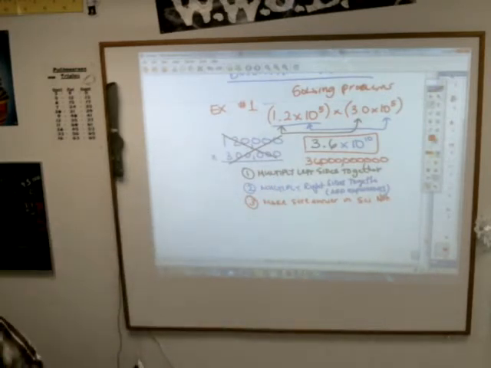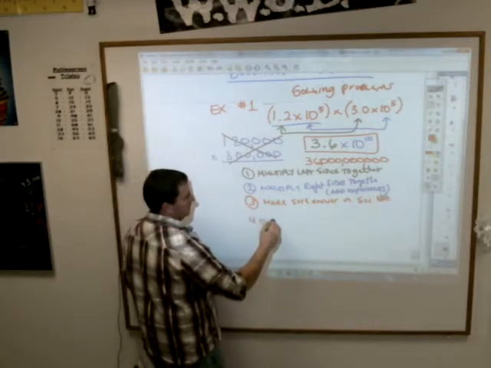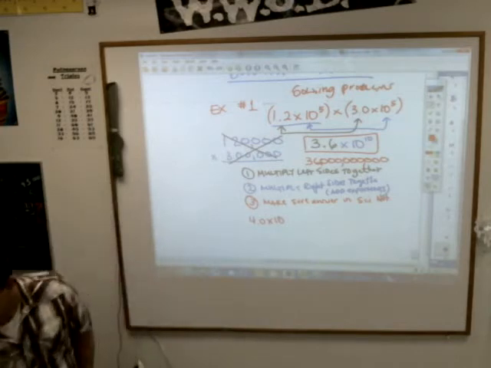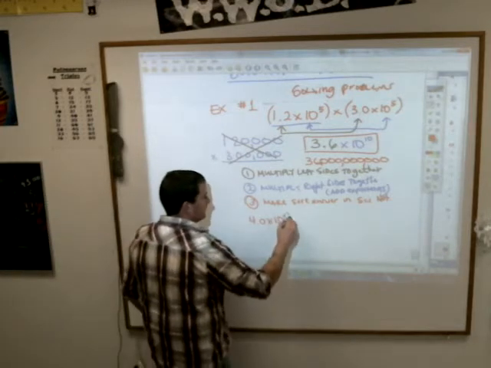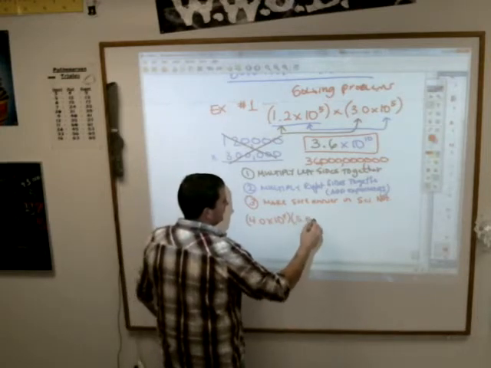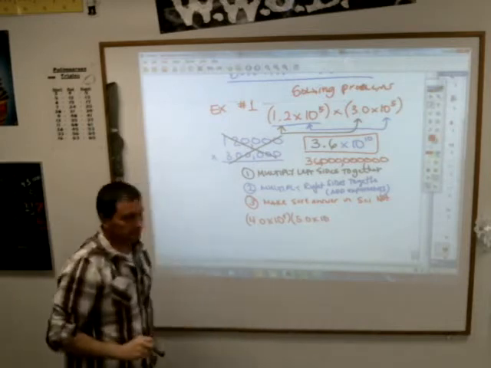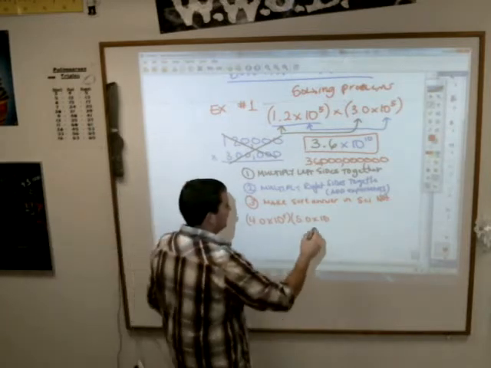Now, we're going to do a problem where this last part comes into play. How about this one? 4.0 times 10 to the 4th times 5.0 times 10 to the, let's see what the book has, 5th power.